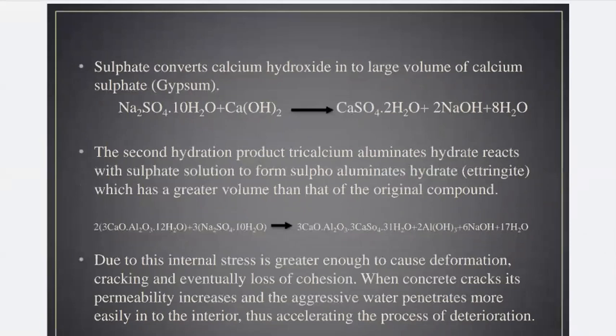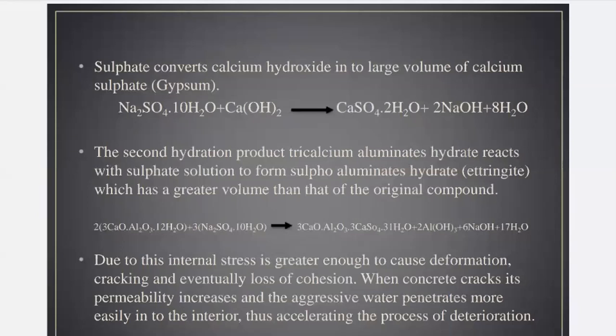The second hydration product is tricalcium aluminate. I hope you are remembering. Tricalcium aluminate is nothing but a Bogue's compound. What is it related to? It is directly related to the setting time as well as the strength of cement. It reacts with the sulfate solution to form sulfoaluminate hydrates, which have greater volume than the original compound.